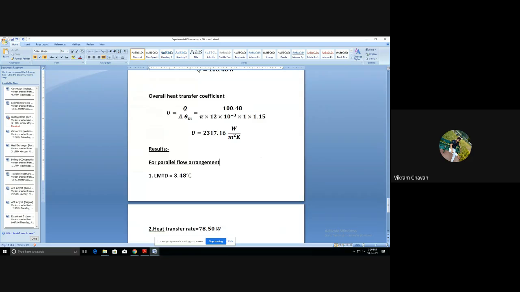Also, I proved through this experimentation that for the same arrangement, the parallel flow heat exchanger gives you a lower heat transfer rate as compared to the counter flow heat exchanger.